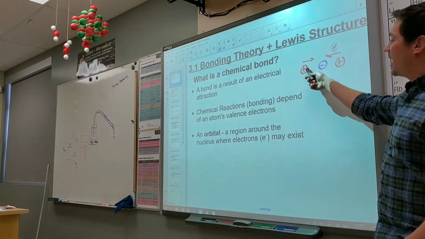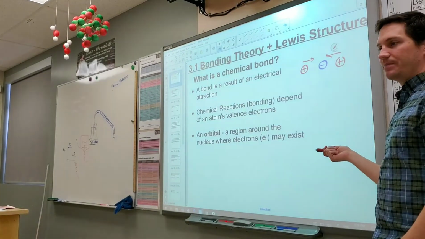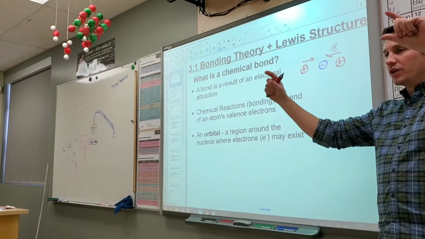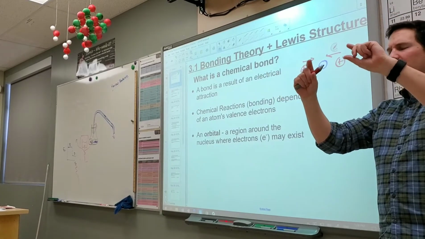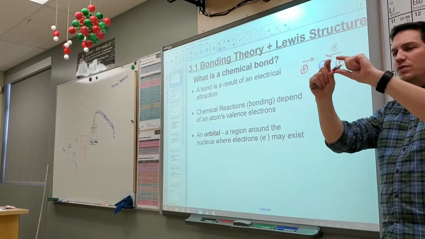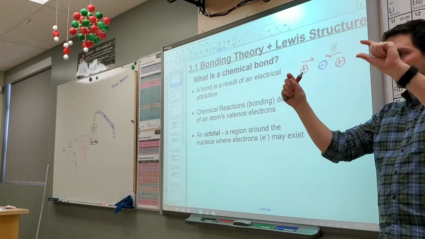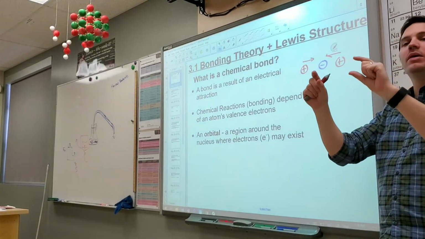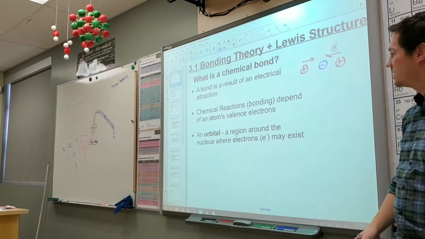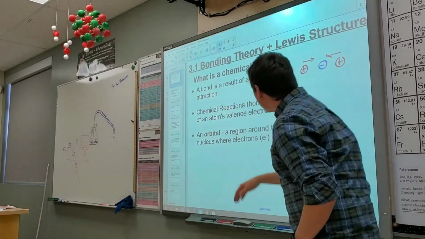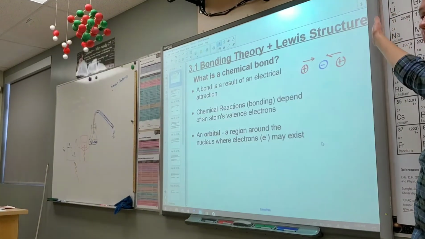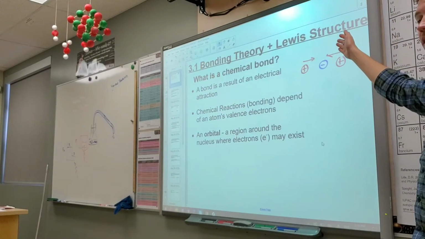This positive and that positive still repel each other. So there's a very fine line: they're going to get close to each other, but if they get too close, they'll actually repel each other. So there's a happy medium of how close these positives want to get to each other. This is the entire point, the whole purpose of a chemical bond.